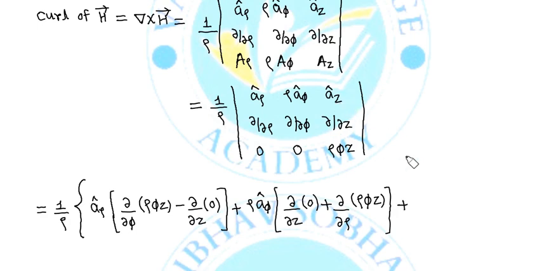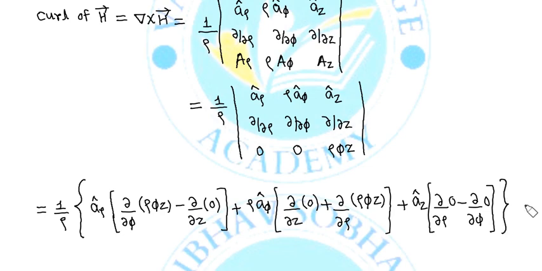Then we have this az component, and this d by d rho of 0 minus d by d phi of this 0. Okay, now we are done with this.